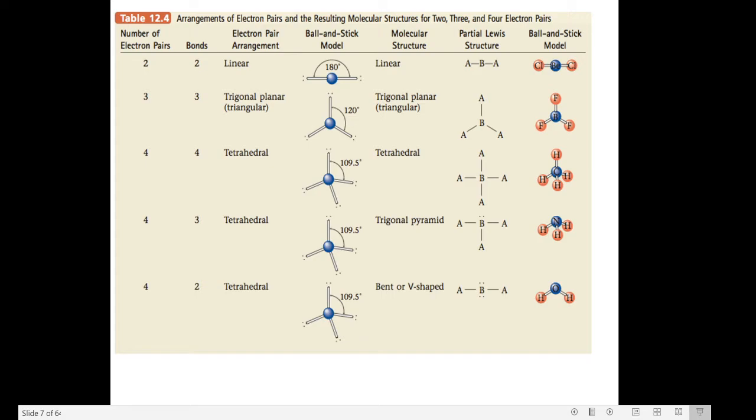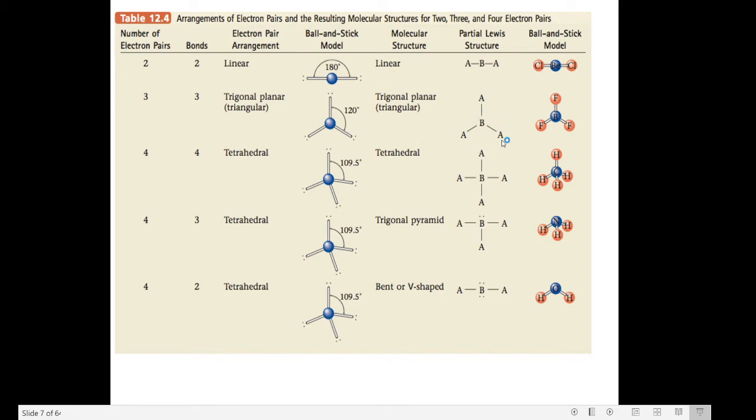A very important thing: these angles and the structures of molecules, related questions are asked in the CSIR examination. I am experienced with that, so I have included this table. If the molecule has a linear structure with 2 bonds, the angle between the 2 atoms is 180 degrees. That is the first thing.